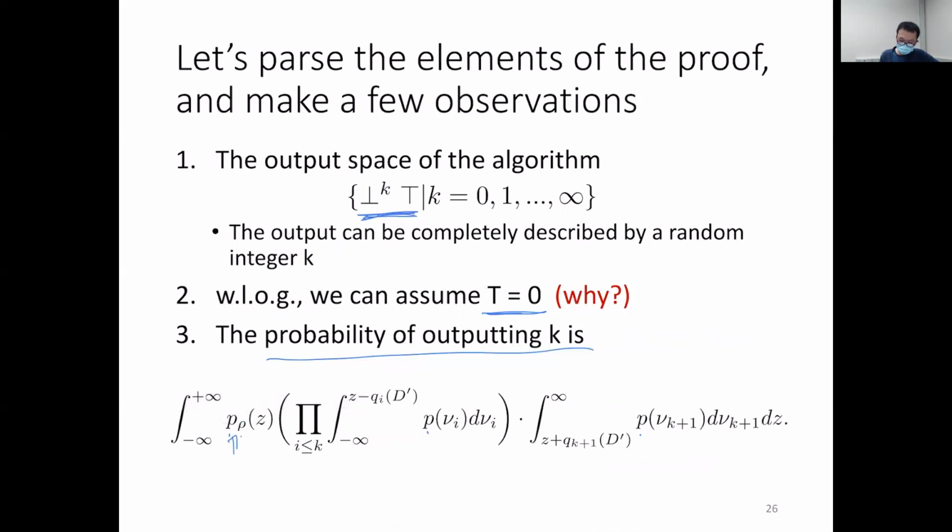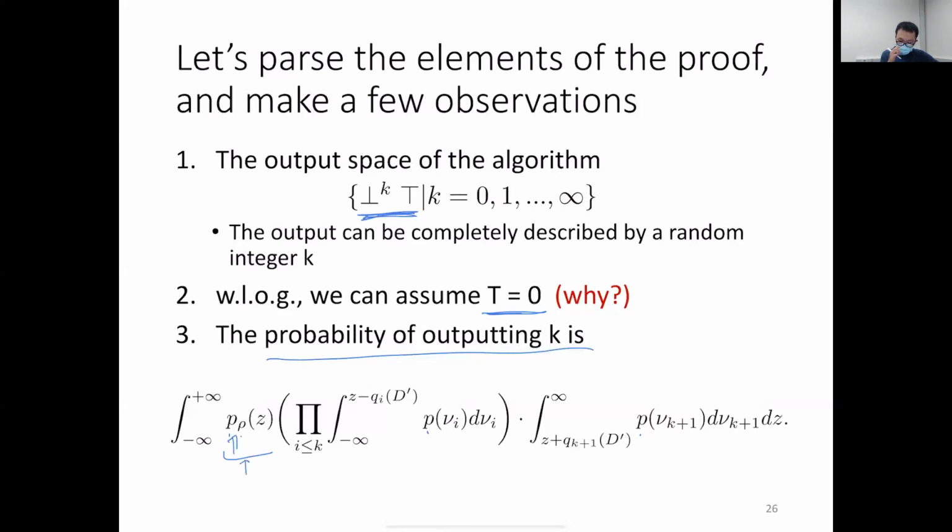So what this equation says is, by applying the law of total probability, just writing down what's going to happen to give us this output. First of all, let's condition on the realized value of z.